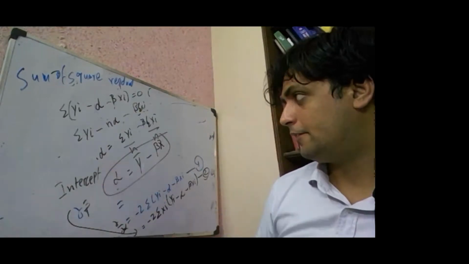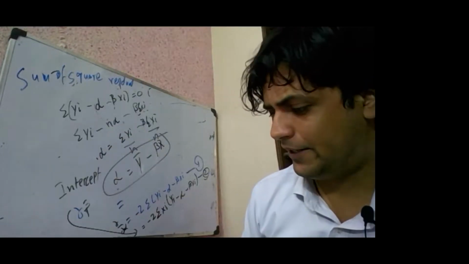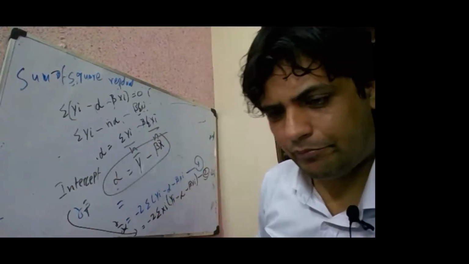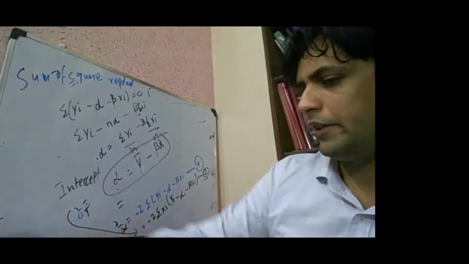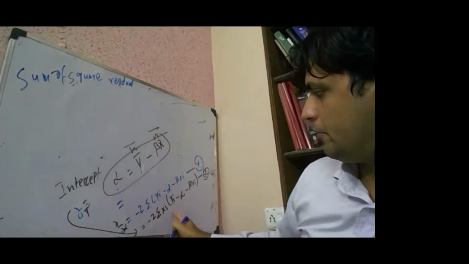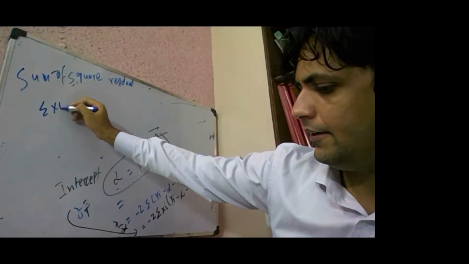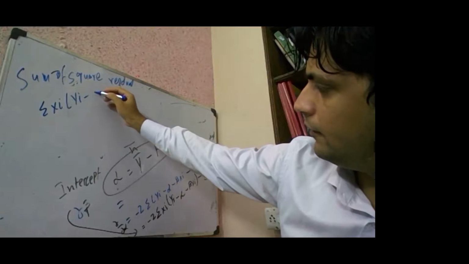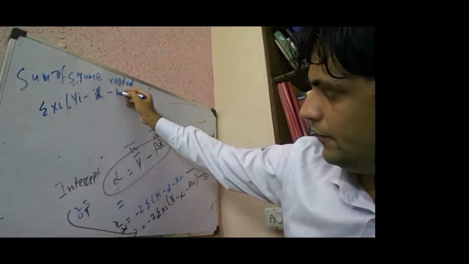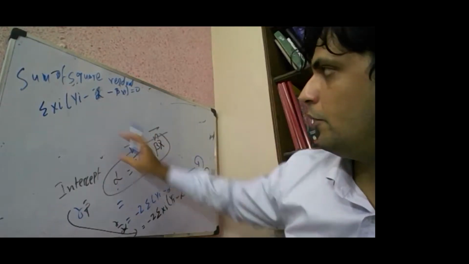Now it's easy. Just put this intercept alpha value somewhere here and you can get beta. Beta is a bit calculated, so I'm not going to go for the calculation in detail. We can put this alpha in the equation. Which equation? We have this equation, right? So we have sum of xi yi minus alpha minus beta xi equal to 0, right? So put this value of alpha here.